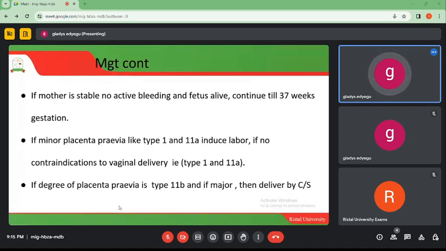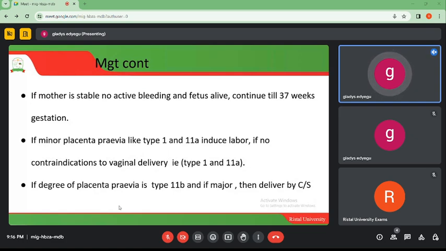Grade 2A is much better for us to do a vaginal delivery compared to grade 2B, which will be more dangerous to deliver vaginally. With type 2A, the placenta is located at the anterior part, where the mother can easily push the baby and cannot tamper with the placenta. But the one which is at the lower part is the one that can cause us problems.